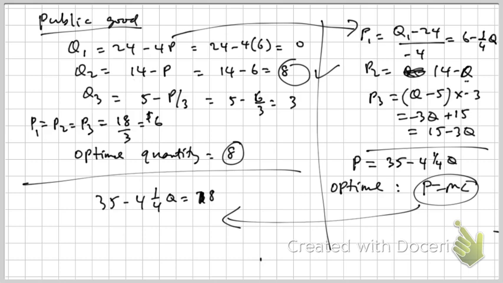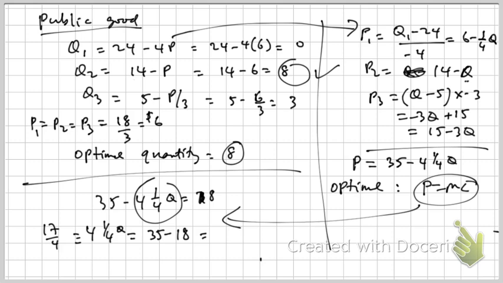All right, so what we could do is add this to both sides and then subtract 18 from both sides. So this becomes 35 minus 18, and here it's going to be 17 over 4Q.